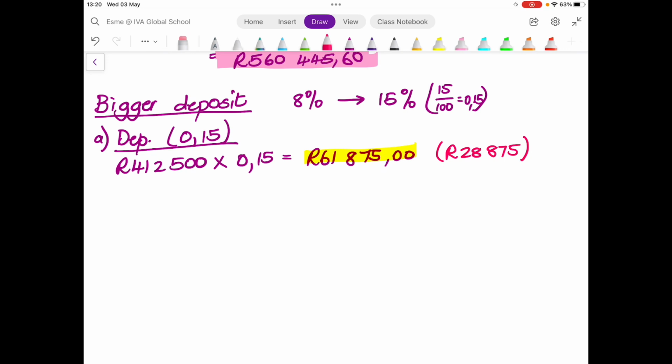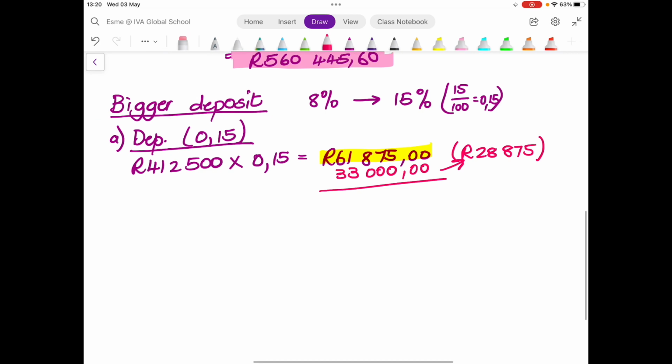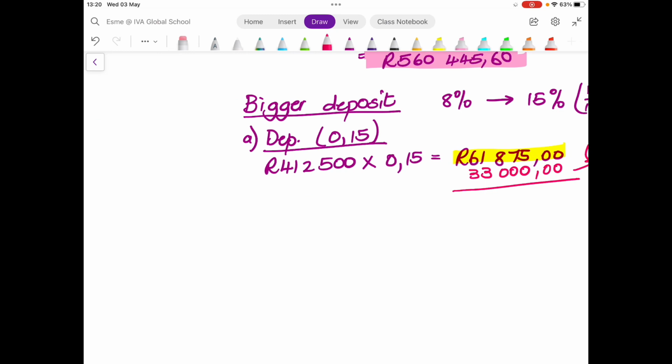So I took 61,875 and I subtracted the 33,000. And that's reducing my loan amount that I have to take from the bank by 28,875. So that would be the deposit.